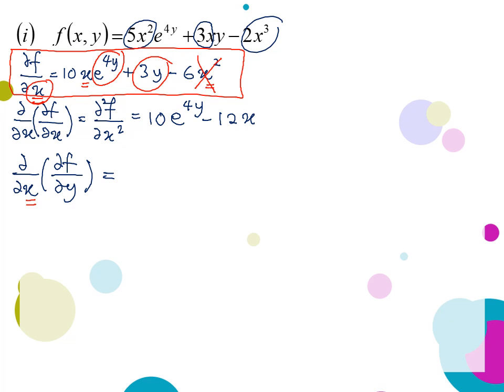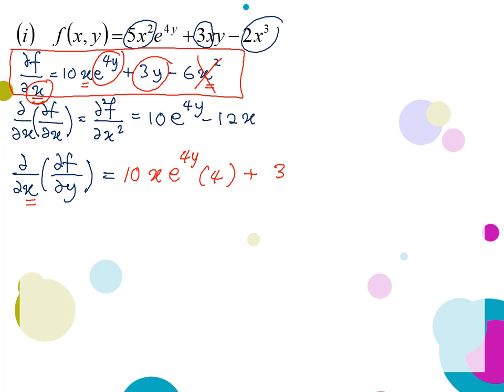Okay. So differentiate the exponent of y, you will get 10x exponent y. Differentiate for y, you will get 4. Okay, differentiate 3y, you will just get 3. And this is a constant only, because you do not have variable y here, just variable x.